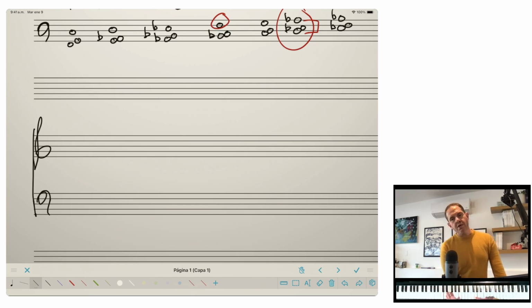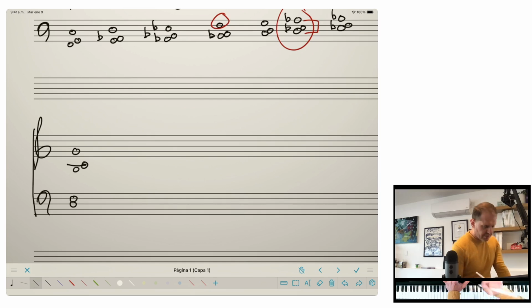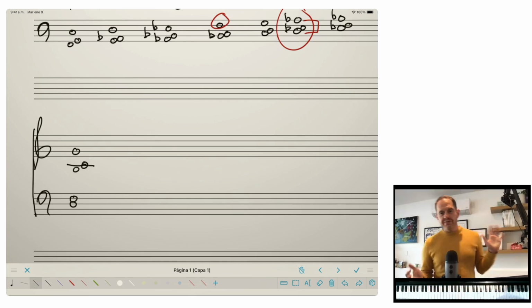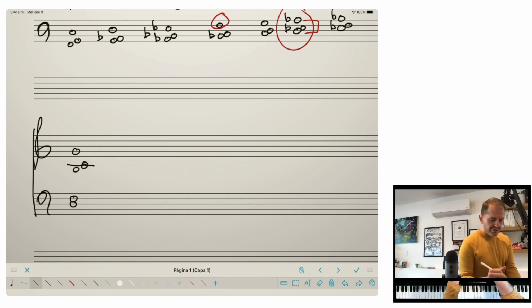The main thing that I'm trying to do is not have any repeated notes, and I'm trying to avoid some of the really common ones that we're going to talk about in later versions of this series.